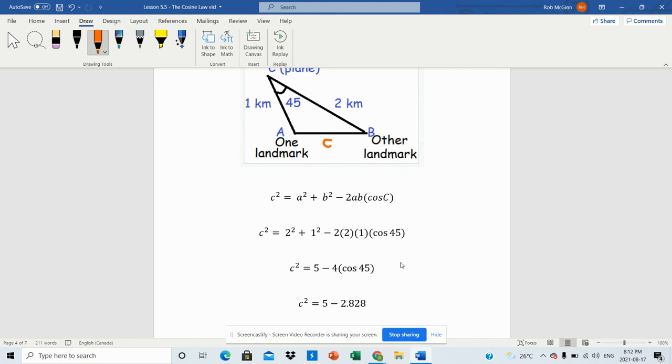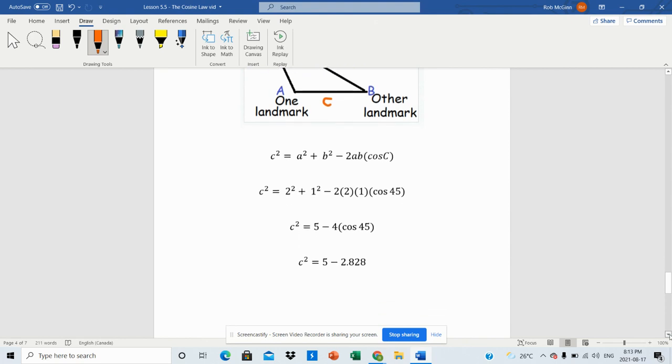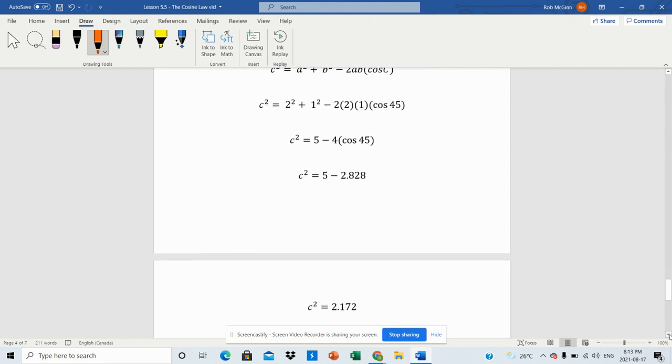So c squared equals 5 minus 2.828, which is going to give us 2.172. So c squared equals 2.172. Last step, take the square root of both sides, and then we'll know what c is.